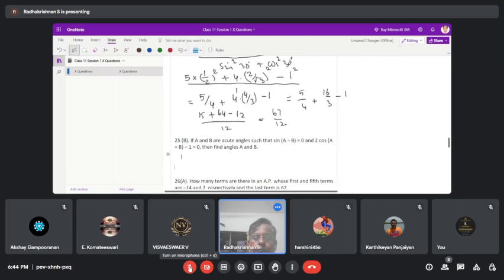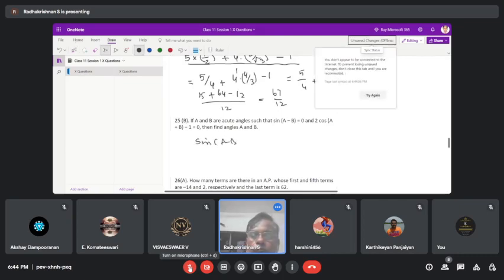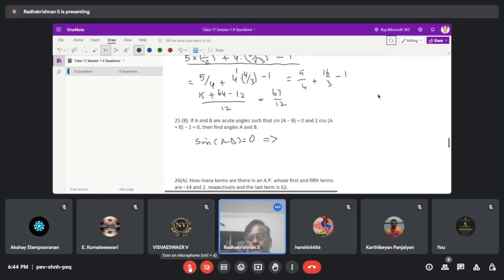Okay. Let's go to this problem. If A and B are acute angles such that sine of A minus B equal to 0 and 2 cos A plus B minus 1 equal to 0, find the angles A and B. So sine of A minus B equal to 0 means what can we say about A minus B?